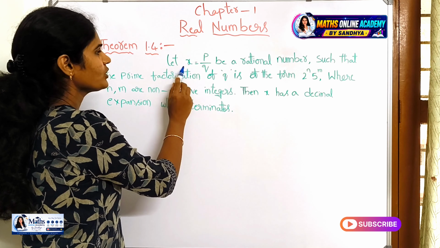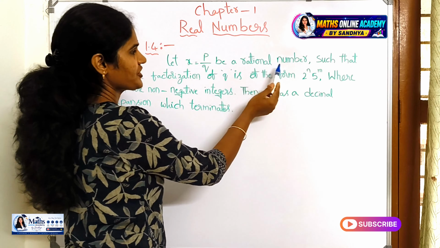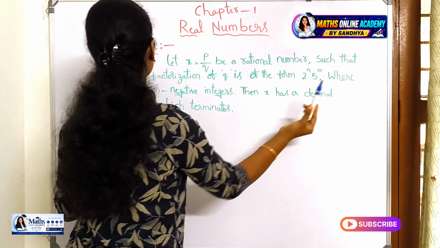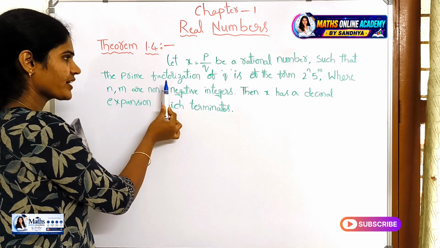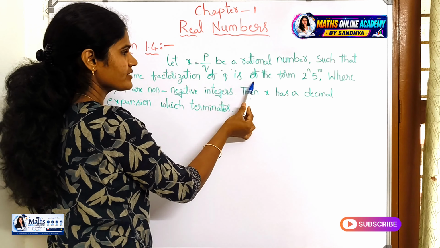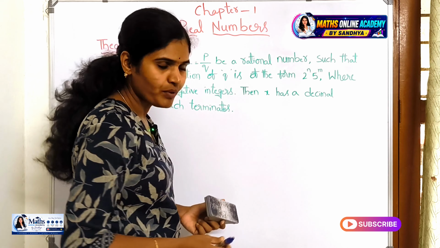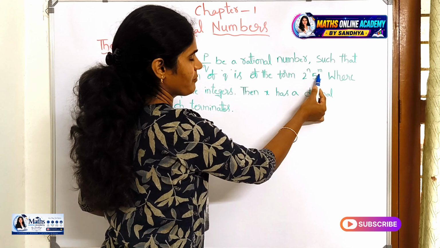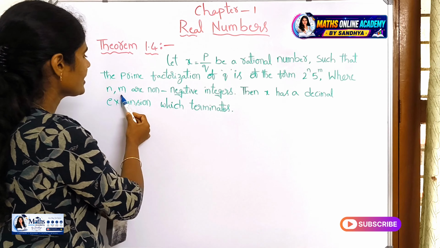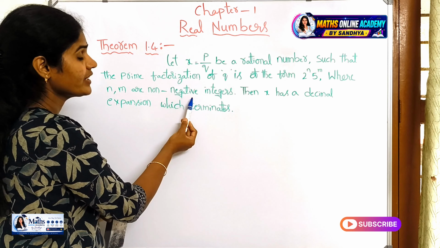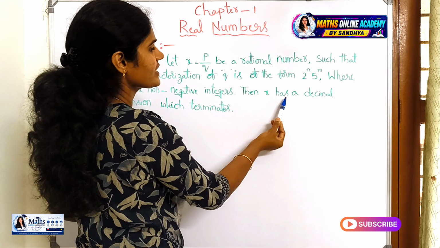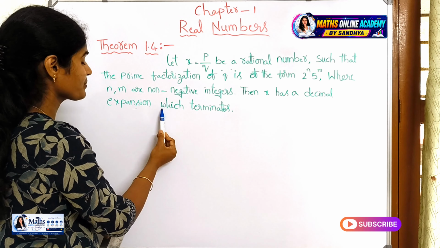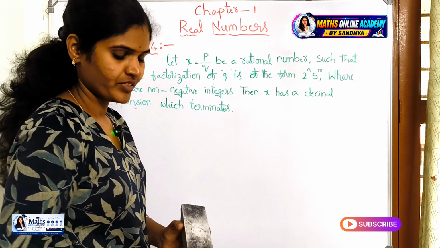Let x equal to p by q be a rational number such that the prime factorization of q is of the form 2 power n 5 power m, where n, m are non-negative integers. Then x has a decimal expansion which terminates.